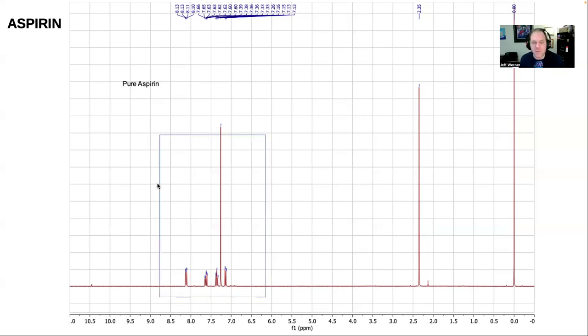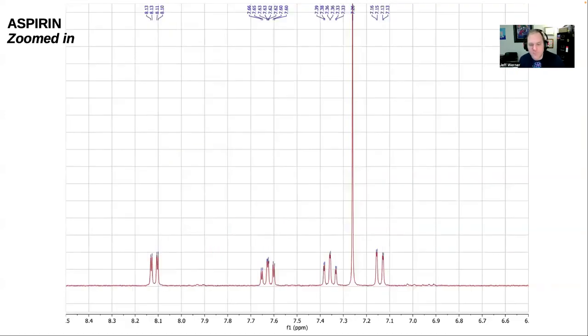The stuff over on the right is not so useful. So I'm going to zoom in on this cluster on the left, which is what we call downfield. Notice that the scale goes backwards. It starts from 0 on the right and counts up. So we're looking at this region that goes from about 6.5 to 8.5. When we look at this region, we get this fingerprint or pattern associated with aspirin. Which peak corresponds with which hydrogens in the molecule is beyond what we're talking about today. Just notice that we have this one really big peak.